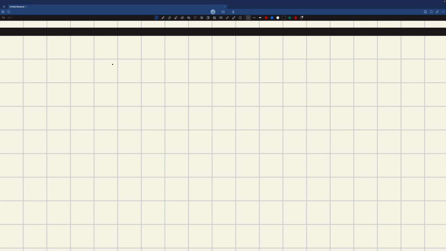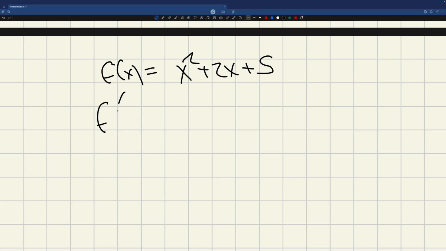Then they just complicate them slightly by adding them into equations. So you would get something like f of x is equal to, I don't know, x squared plus 2x plus 5. And then you'd get given, I don't know, f of x plus 2 divided by 2x is equal to 0, and you'd have to solve it for x.